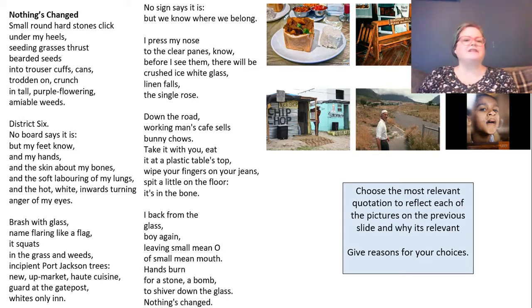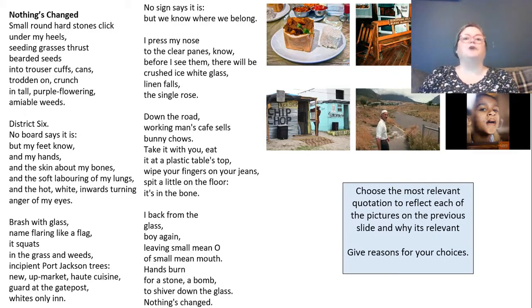Brash with glass, name flaring like a flag, it squats in the grass and weeds. Incipient Port Jackson trees, new upmarket Hope cuisine, guard at the guard post, whites only in. No sign says it is, but we know where we belong. I press my nose to the clear panes, know before I see them there will be crushed ice, white glass, linen falls, the single rose.